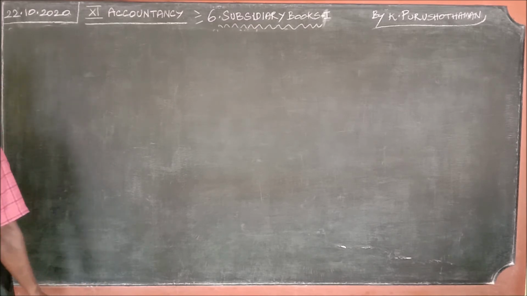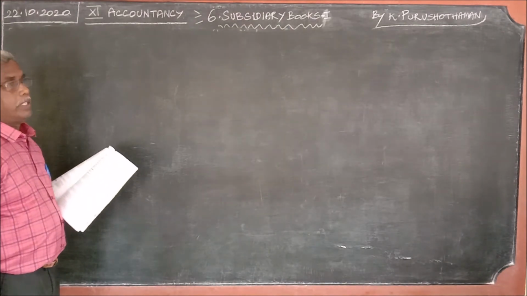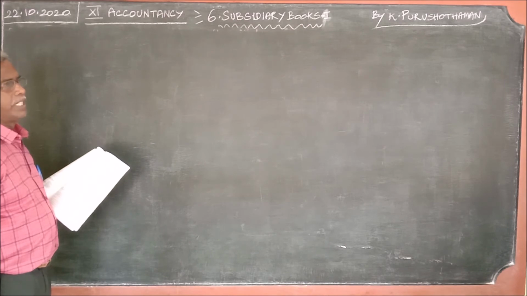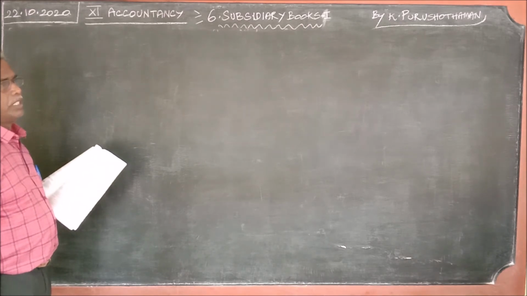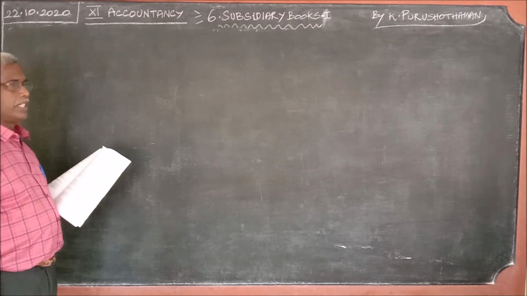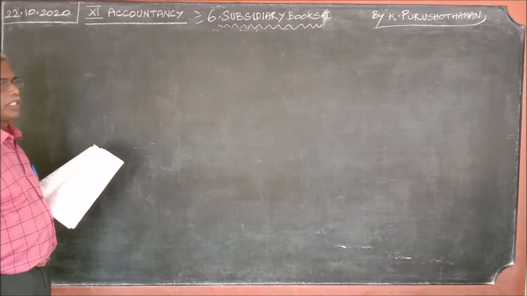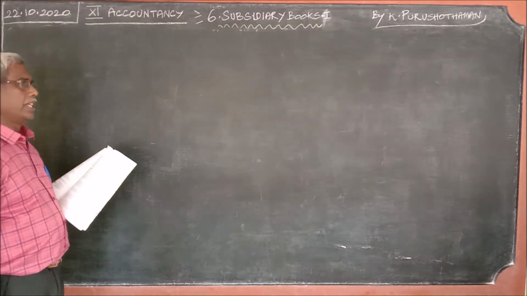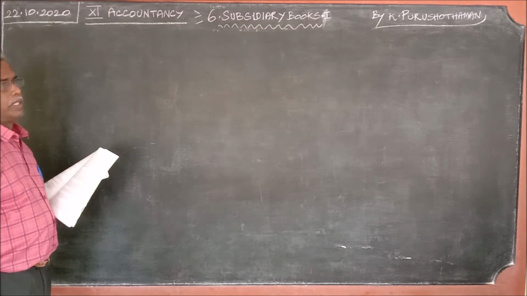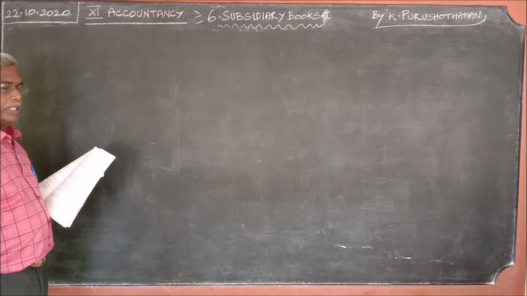What is the difference between the subsidiary book and the journal? In journal, all types of entries, whether it is credit or cash, whether it is expense or income, whether it is regarding the asset or liability, whatever it is, all the entries are passed through the journal. But in subsidiary books, for credit transactions, there are different subsidiary books.